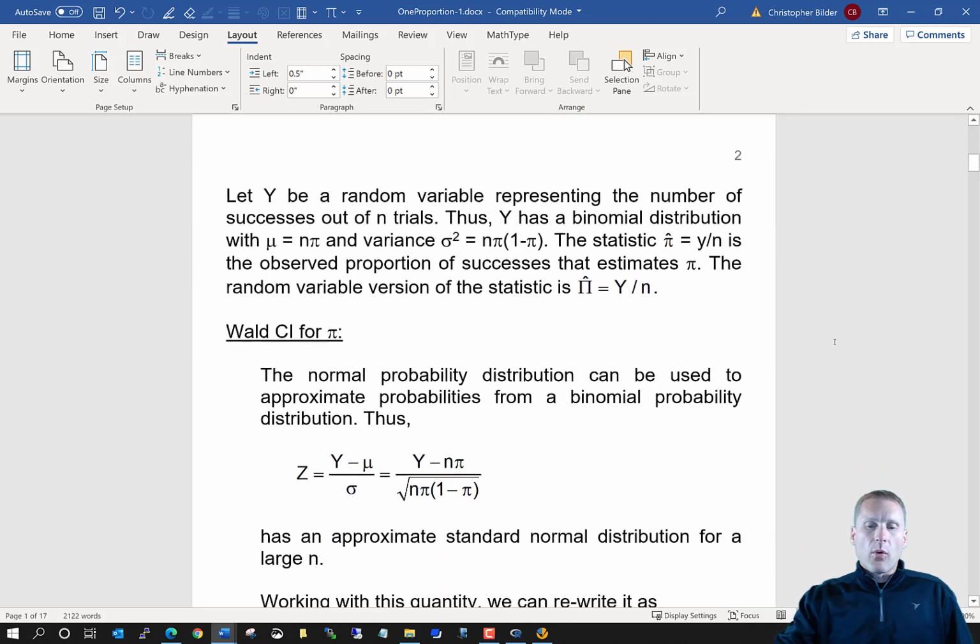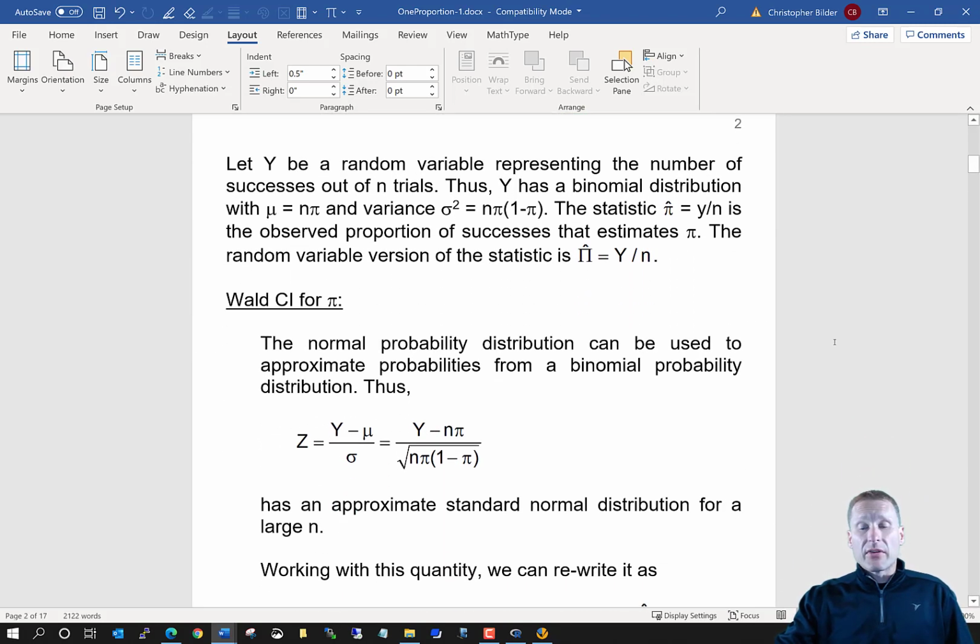Okay, so let y be a random variable representing the number of successes out of n possible trials. This y, as we saw earlier in the course, has a binomial distribution where the mean is n times pi. So we would expect n times pi successes on average. The variance is n times pi times 1 minus pi.